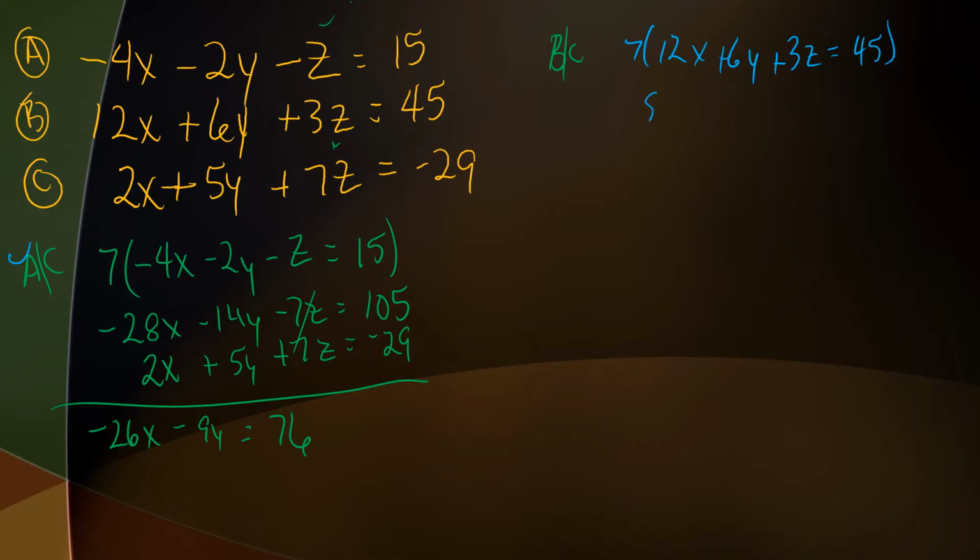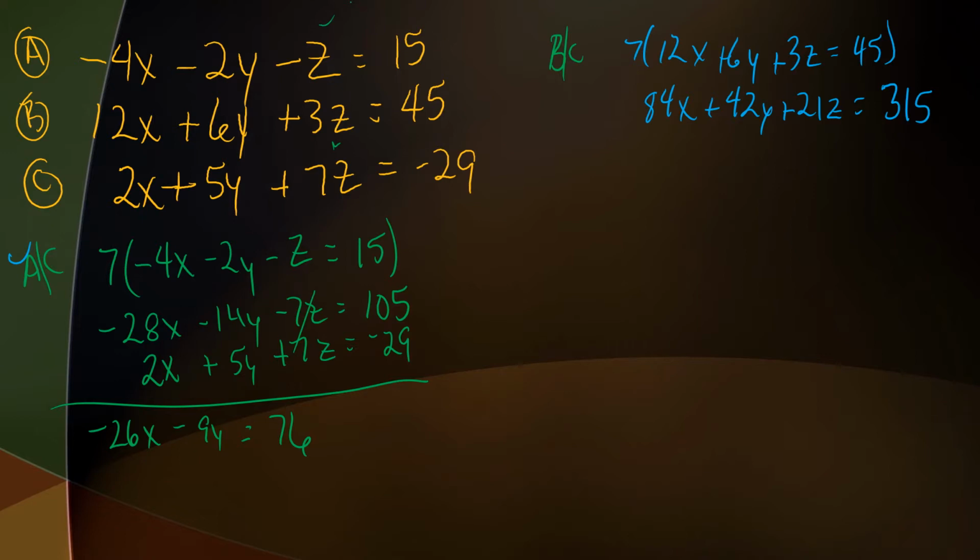Multiplying that whole thing by 7, that gives me 84x plus 7 times 6, 42y. 7 times 3 is plus 21z. And 7 times 45 is 315. Okay.